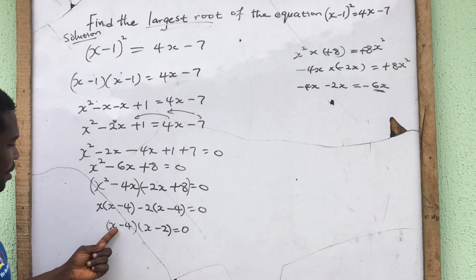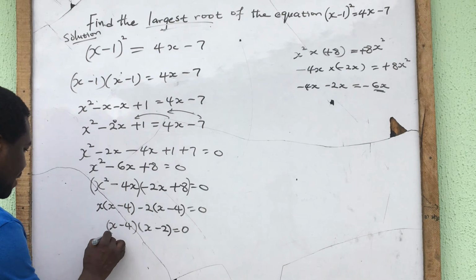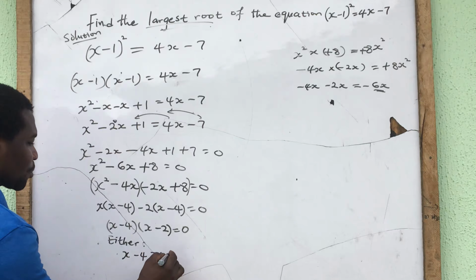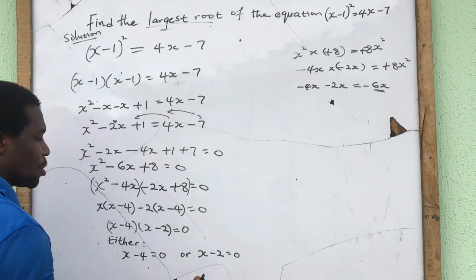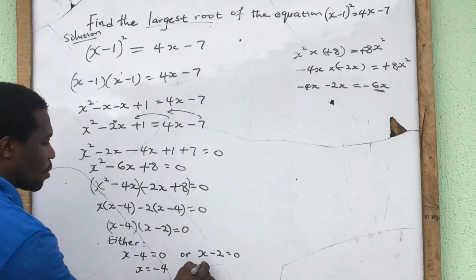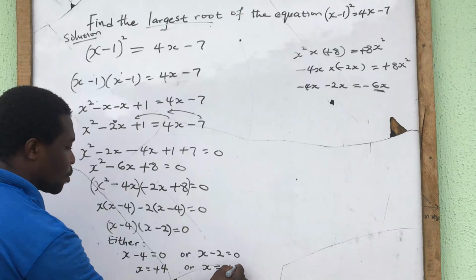So either x minus 4 equals 0 or x minus 2 equals 0. Therefore, x equals plus 4 or x equals plus 2.